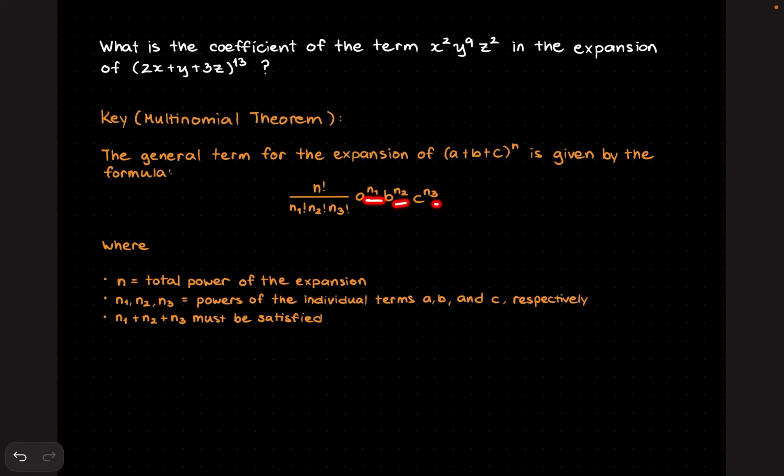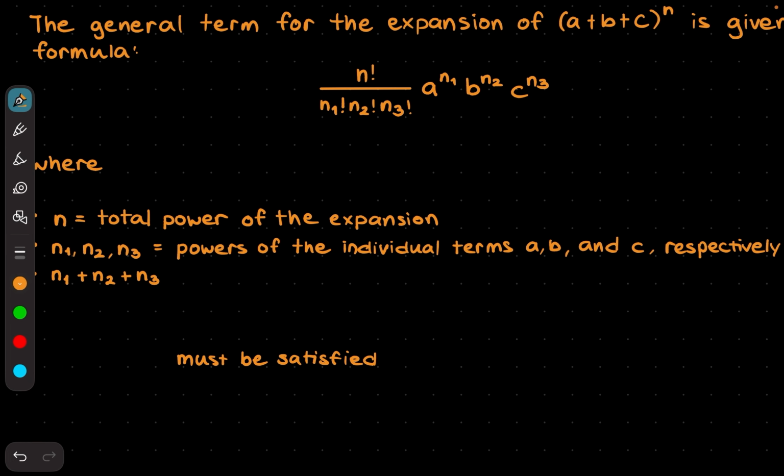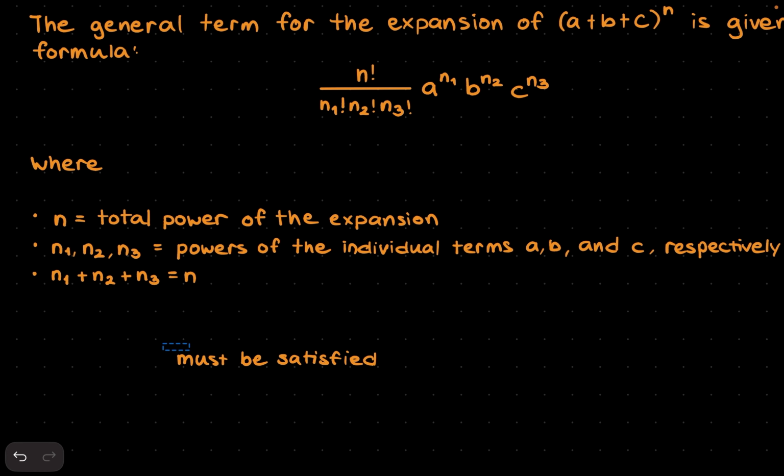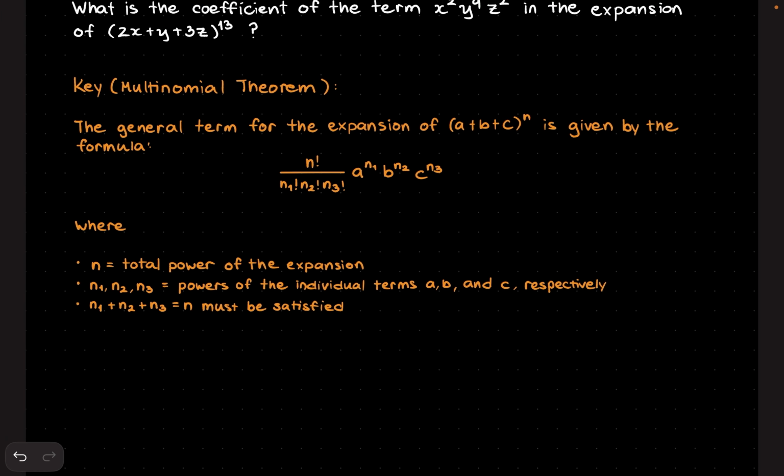Then n1 plus n2 plus n3 equal to n must be satisfied. Oops, there's a typo out here. Okay? So that's the key.